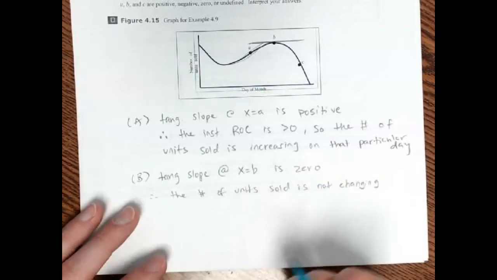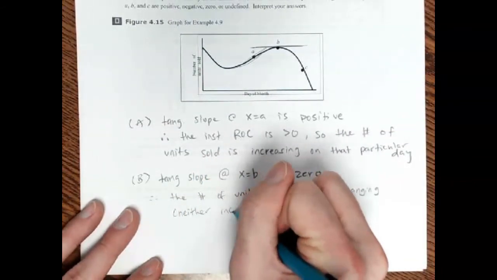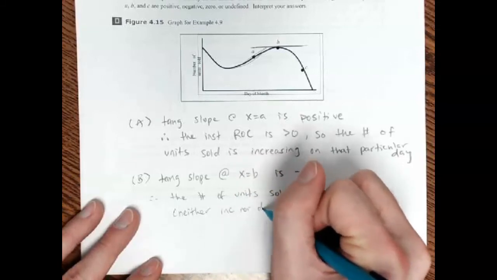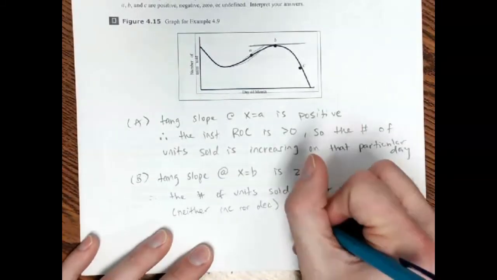So you could say not changing, or you could say is neither increasing nor decreasing. It's constant. You could say the number of units sold is constant, or not changing, or neither increasing nor decreasing. All right, that just means it's all staying the same on that particular day.